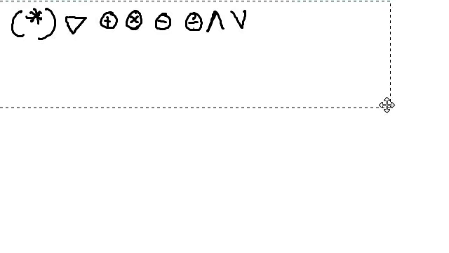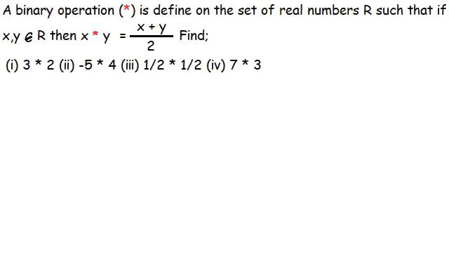So let's begin with the first one. Example 1. A binary operation asterisk is defined on the set of real numbers R such that if x, y is an element of the real numbers, then x asterisk y is equal to x plus y all divided by 2.